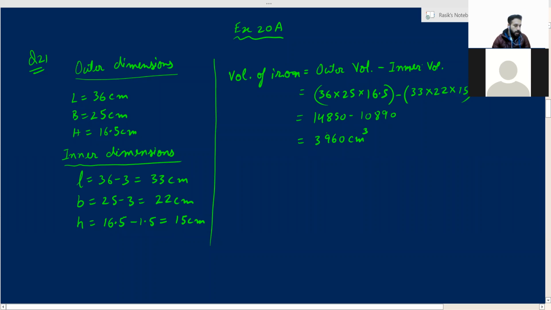Now you have to find the weight of the empty box in kilograms, if 1 centimeter cube of iron weighs 8.5 grams. So the density is given. Weight will be equal to the total volume of the iron multiplied by the density. For 1 centimeter cube, the weight is 8.5, so multiply this by 8.5.